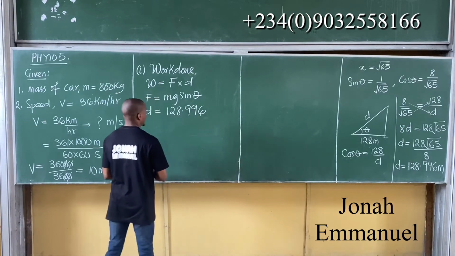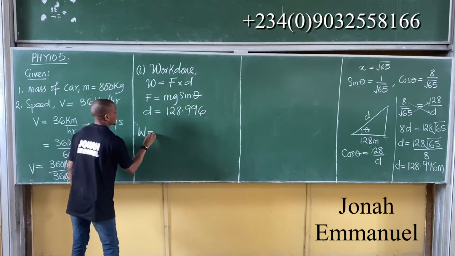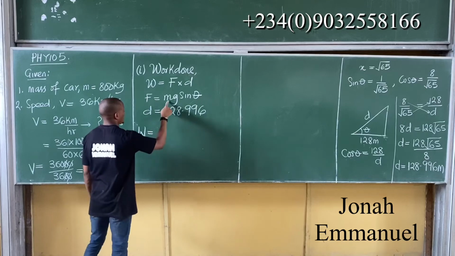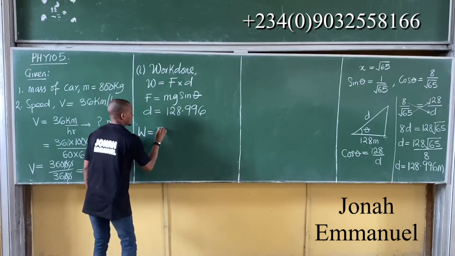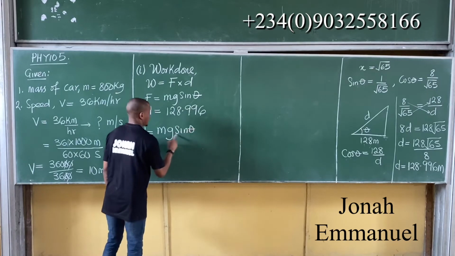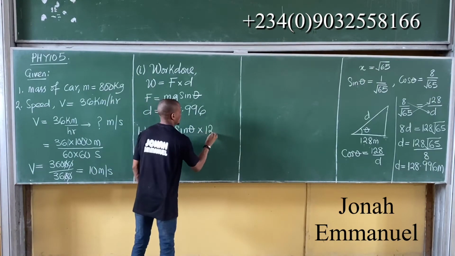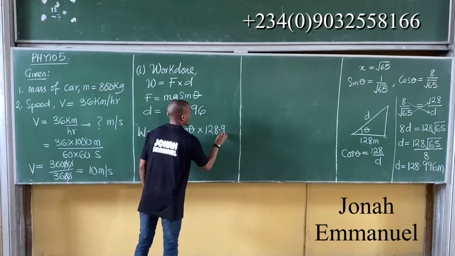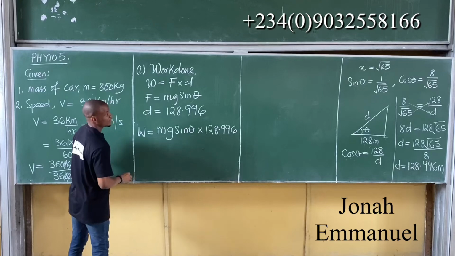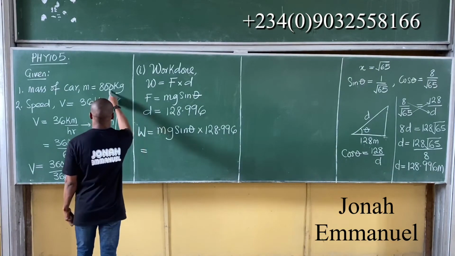So the work done is equal to mass times gravity times sin theta, which is the force, times my distance, 128.996. Imputing values, the mass is about 800 kilograms.